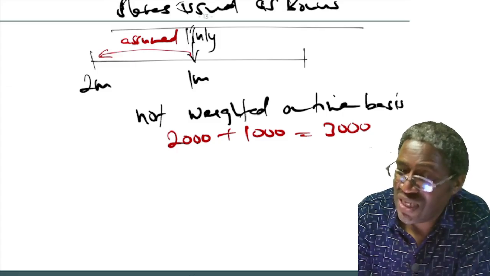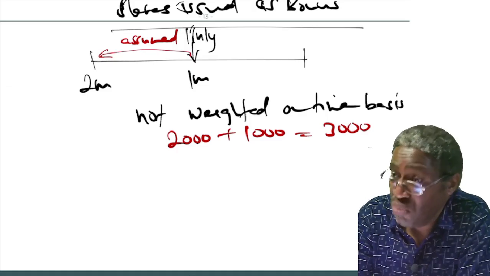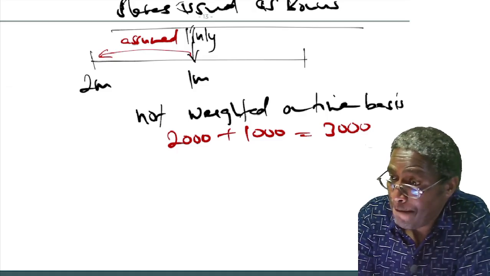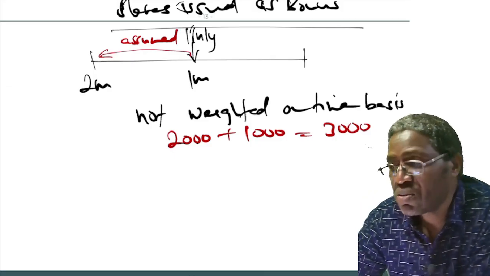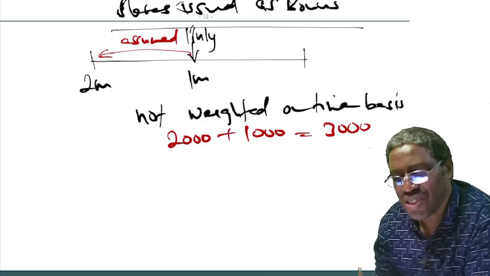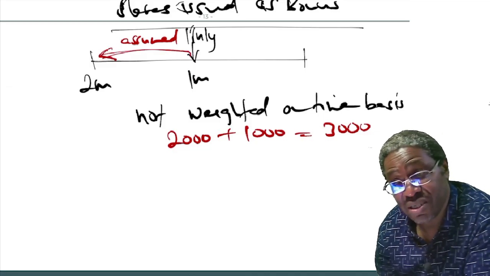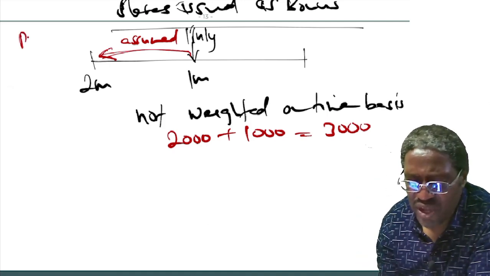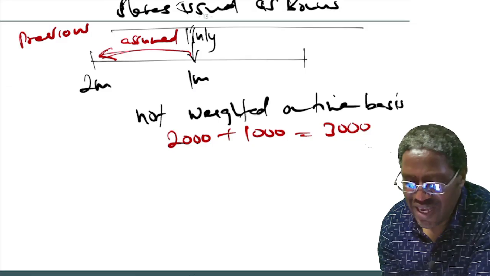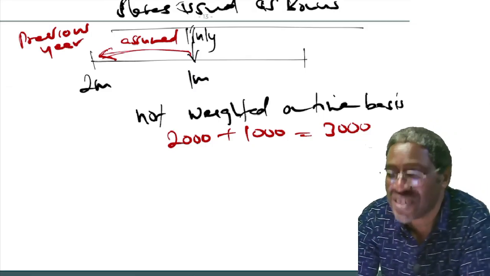Now, there is another critical point when it comes to bonus shares. What is that extra point? Listen. Because the shares are assumed to be issued at the beginning of the year, the accounting standard says that the EPS of the previous year should also be restated.